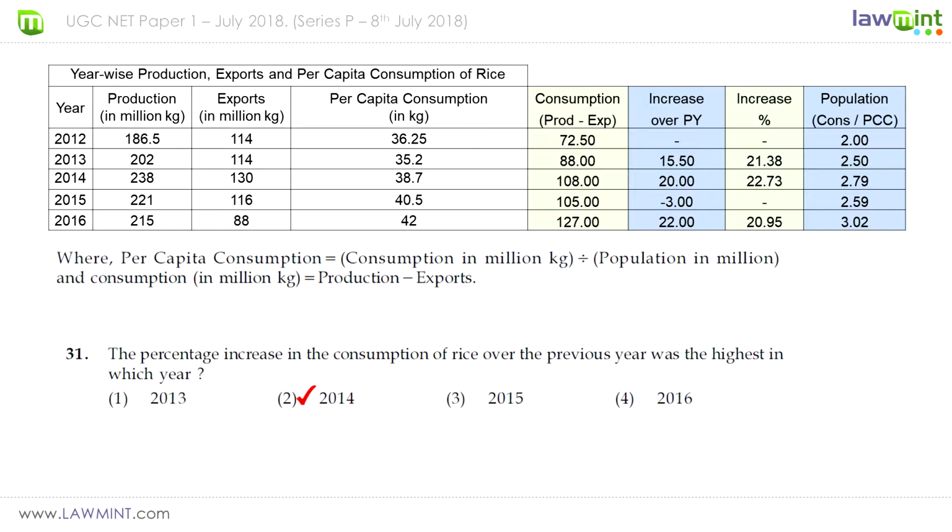Since this question is asking in which year the percentage increase of consumption was the highest as compared to the previous year, we will have to calculate only for 3 years, which is 2013, 2014 and 2016, because for 2012 we don't have any previous year, and for 2015 there has been a decrease over the previous year.